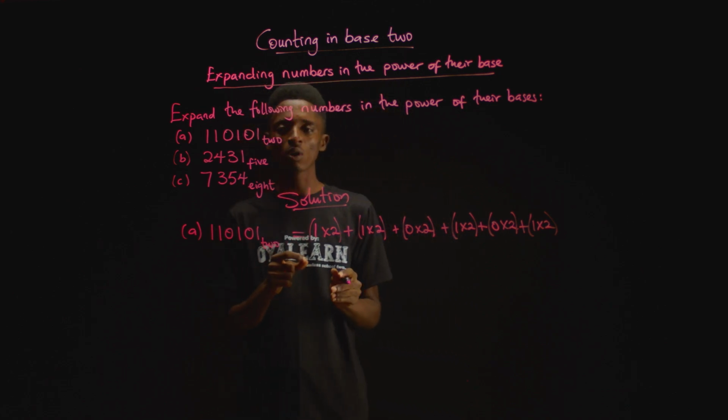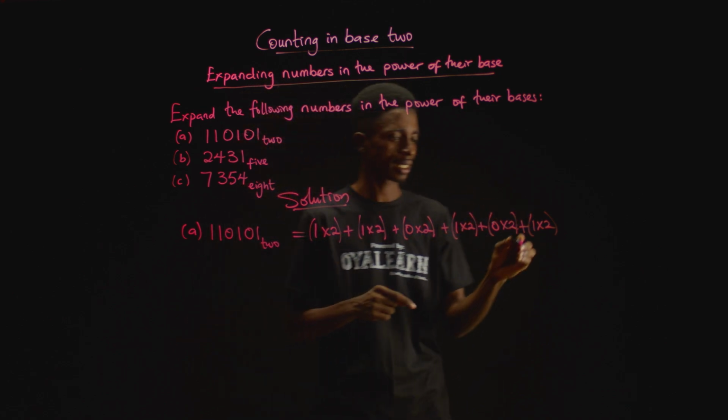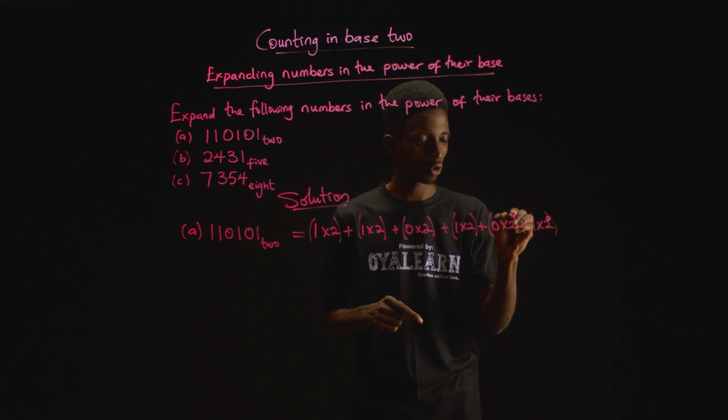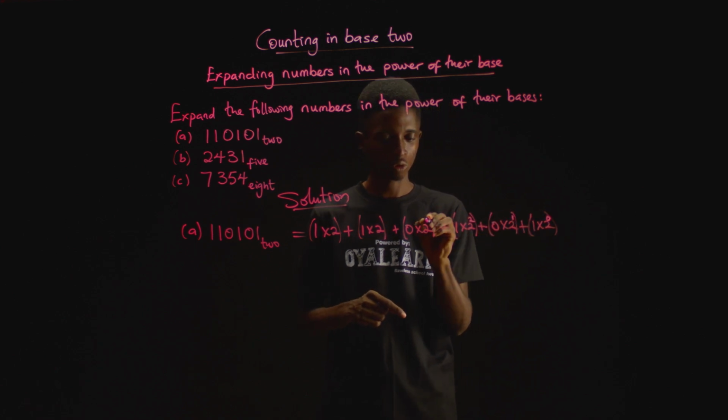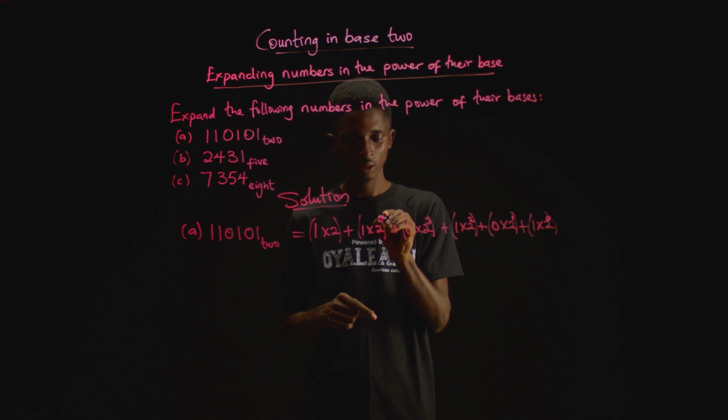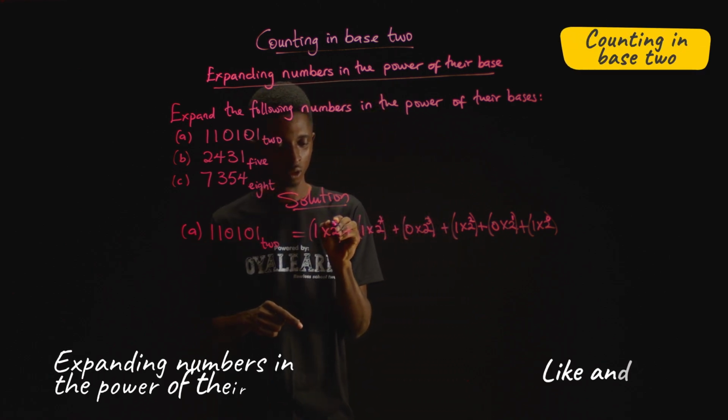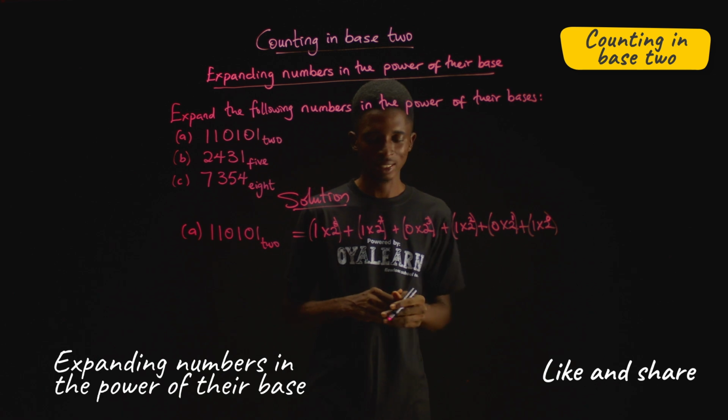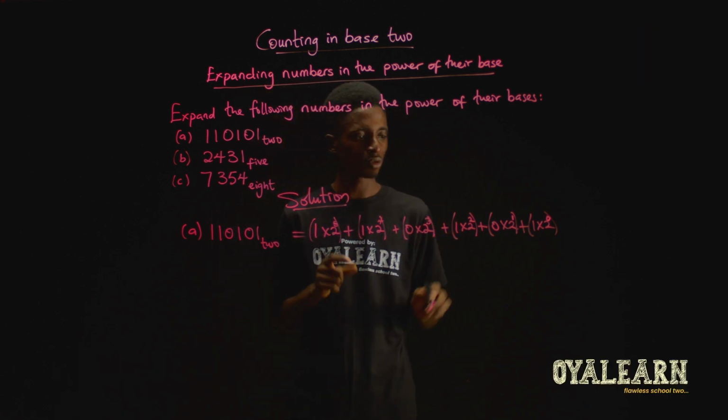Now we begin to give power from the unit. So we have here as power of 0, 1, 2, 3, 4, 5, and that's it. So now let's see what these values are.